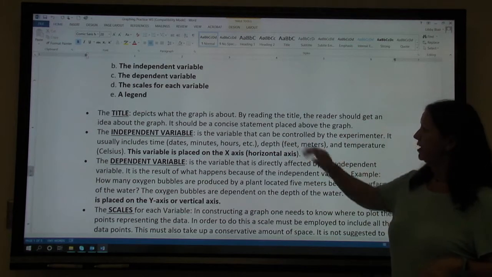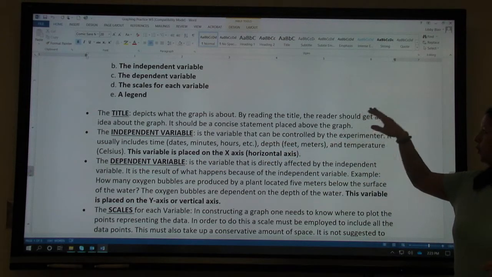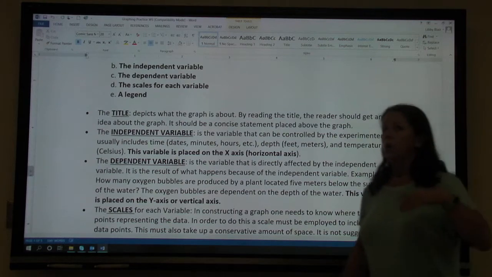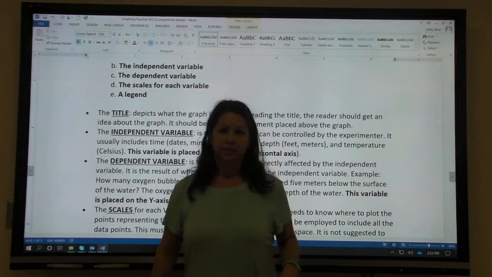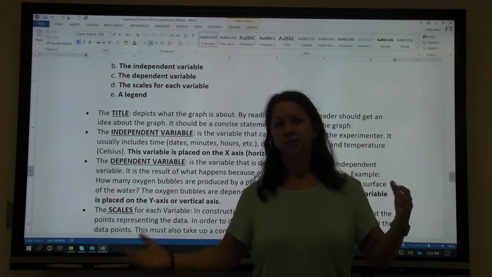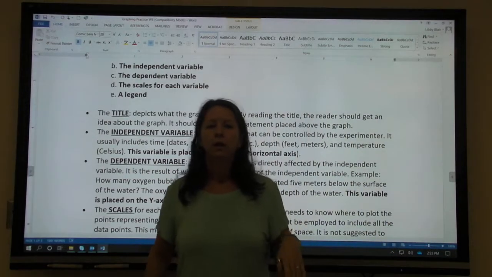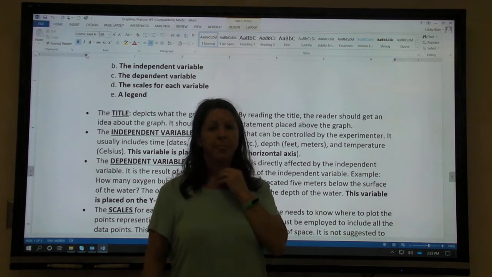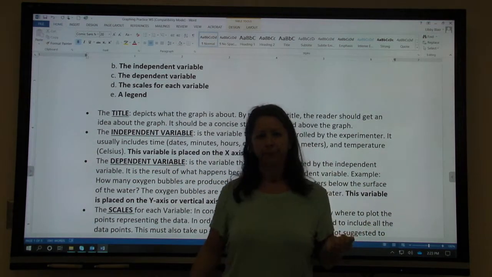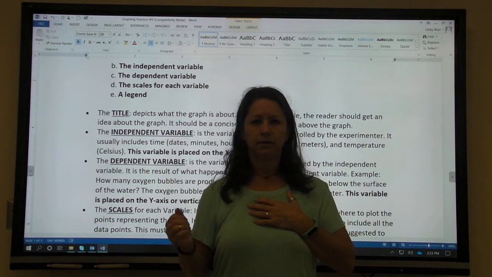The independent variable is the variable that can be controlled by the experimenter, okay? When you are doing an experiment, you make the choice, or in a class, your teacher's going to tell you what you're experimenting on and how you're doing it. If I'm looking at how tall plants grow over time, I cannot control how big plants get, okay?